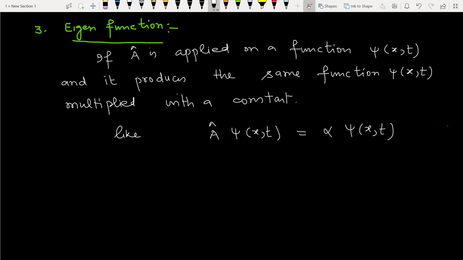Then this is called an eigenfunction of operator A, and alpha is called the eigenvalue of operator A.